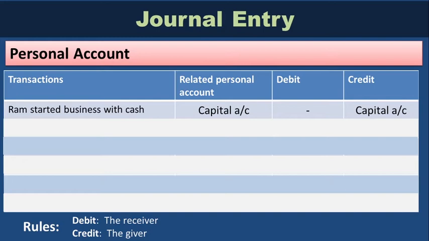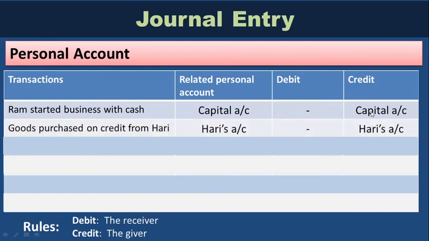Even though the journal entry is completed by dual effect, two sides, debit and credit, I am only discussing the personal account, only one account. Either the debit or credit will be left in this example. Here, in the first example, Ram started business with cash. The related personal account is capital. As the rule here is credit the giver, the capital is given to the business, so the capital is credited here.